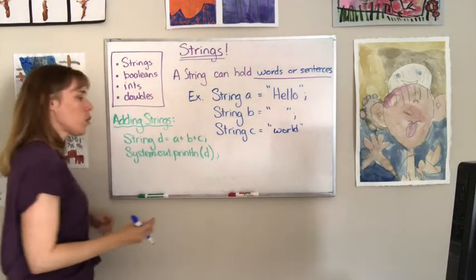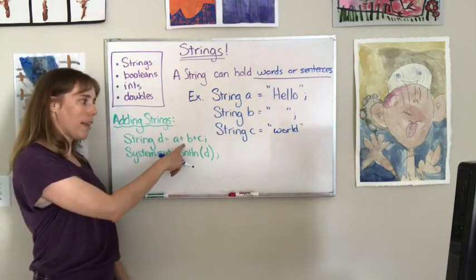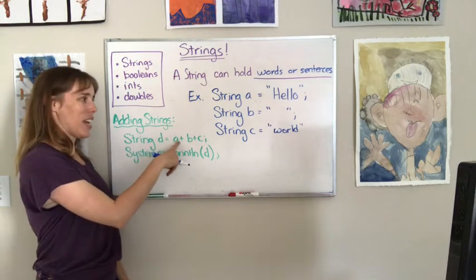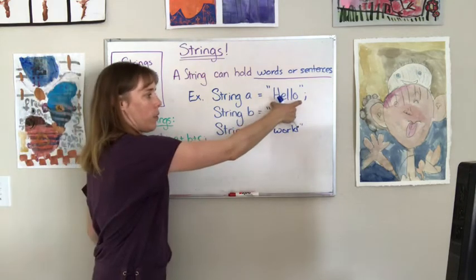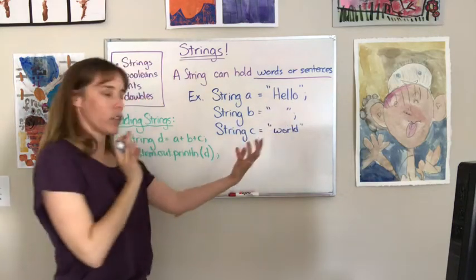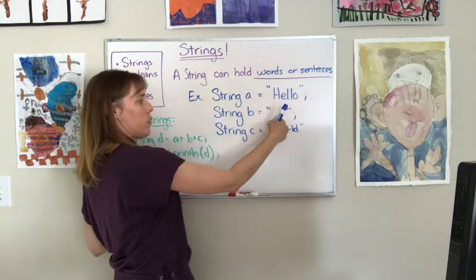Okay? So I can do lots of things to strings, but one of the things I can do is add them. So if I have string D and I add A plus B plus C, I'm going to take this hello and I'm going to do what's called concatenation. I'm going to attach this one to this one to this one.